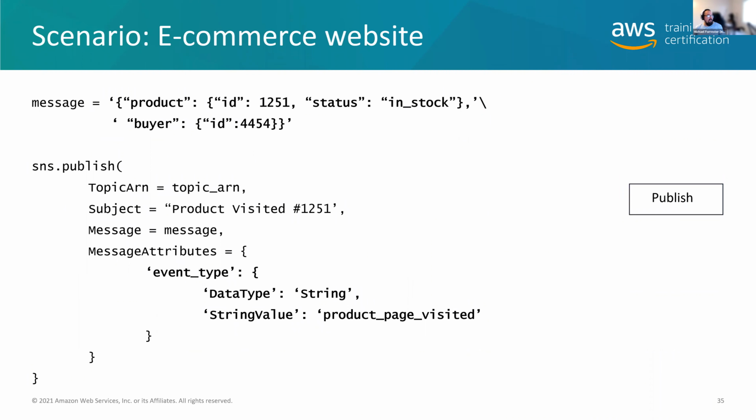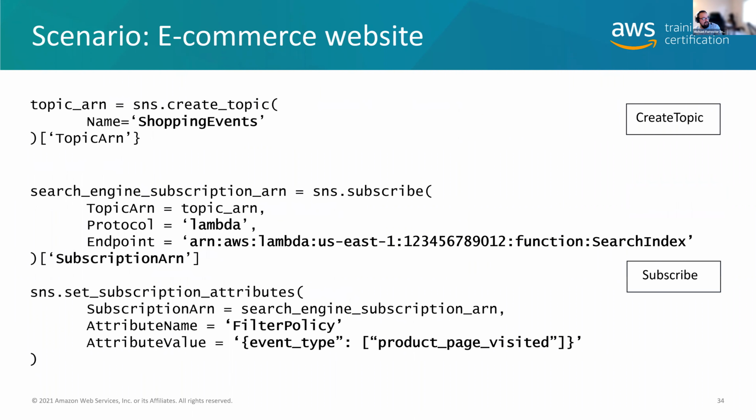Here, the message contains a bunch of things like product and buyer, and then they're publishing with a string value. Event type is product page visited. So when they publish this message, it's going to match the attribute value for the filter policy for product page visited.